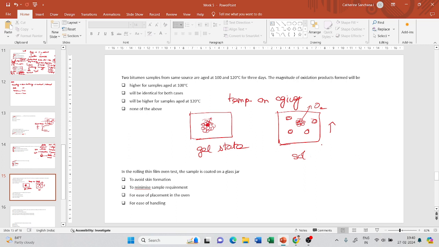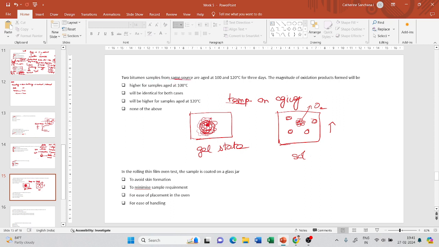Whereas in the case of gel state, all these are protected by the outermost layer, and only this layer is prone to the changes due to aging. So in that case, the oxidation products formed when the temperature is less will be less.